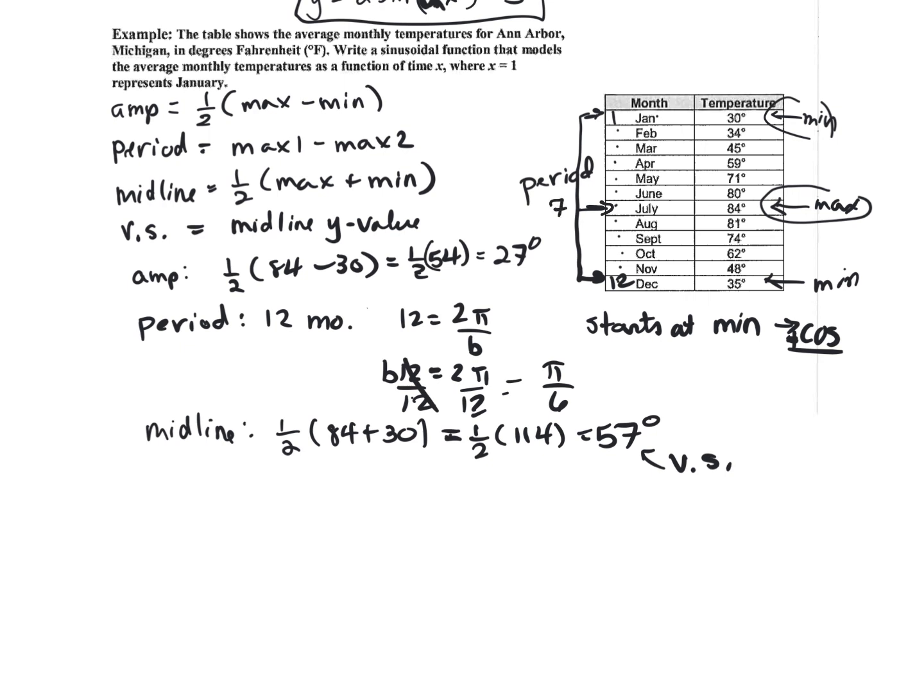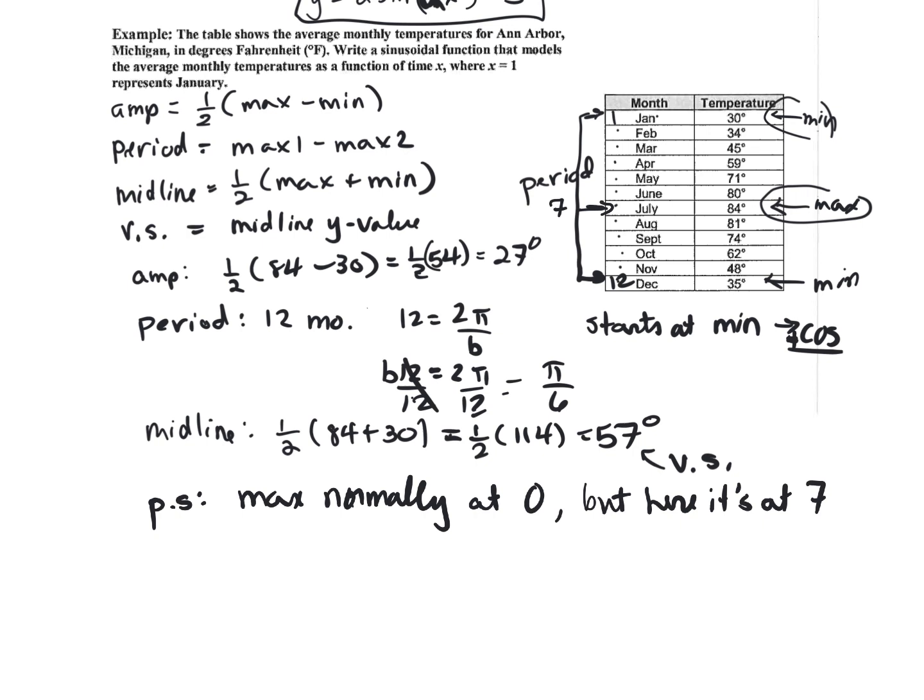So for our phase shift, max is normally at 0, but here it's at 7. So we are shifted over 7, and we know our phase shift is 7.